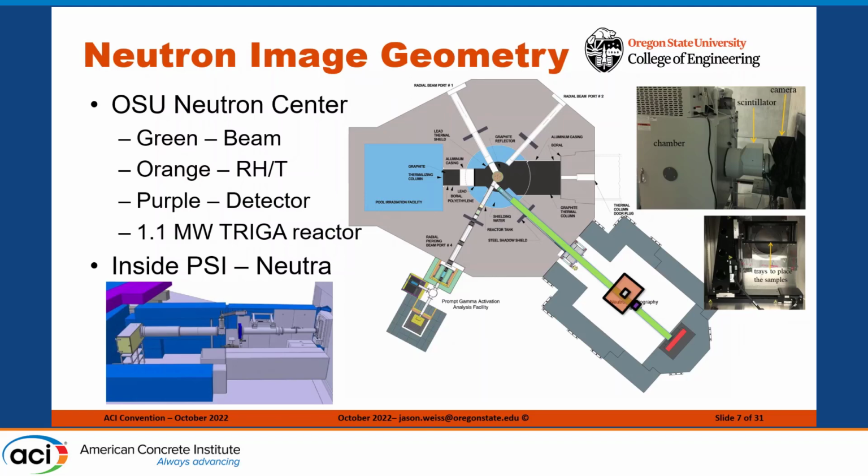As we look at this, there are a couple of different types. Here you see PSI's version, where they've got a great big reactor over here, and then the beam travels down, and you can place your sample in the system over here. This happens to be the neutron center at Oregon State, where the reactor is a controlled reactor. The beam comes down and travels this path, which is the screen line. We happen to have an environmental chamber set up so that we can control relative humidity and temperature, as well as CO2 in this path.